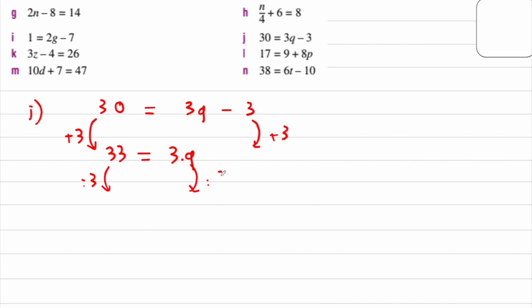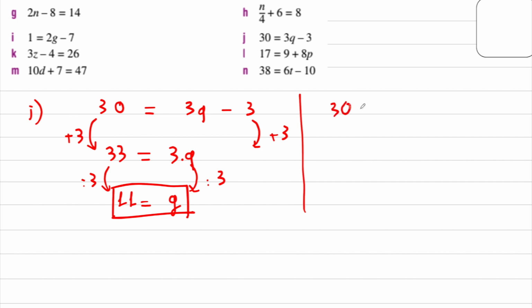Dividing by 3, we get 11, and this one will be q. q equals 11. Yes, we finished this one. The next thing we need is to check it out. 30 equals 3 times 11 minus 3. 30 equals 33 minus 3, which equals 30. Yeah, it is the true answer.